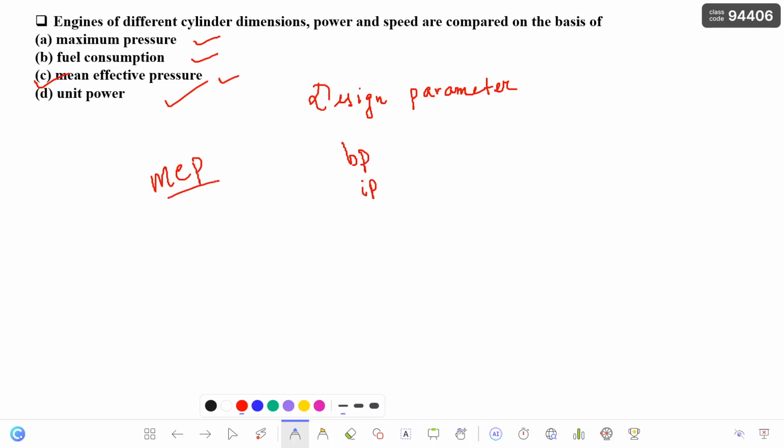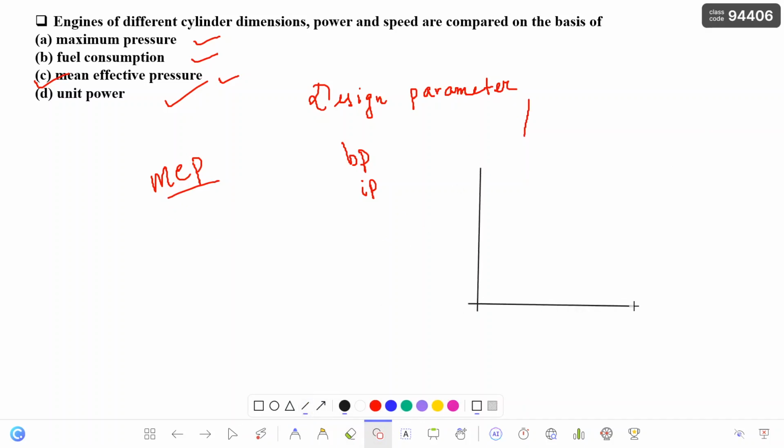Okay. Now what is this mean effective pressure? I will explain it briefly. So generally, as I already said, if there is an expansion cycle, the power we get is in the expansion stroke. Let us say it is moving from 1 to 2.